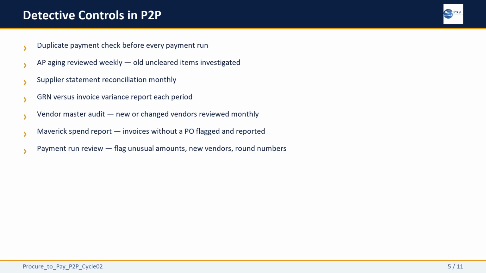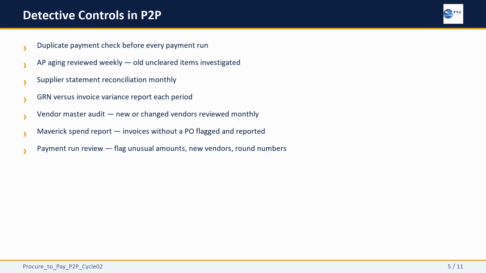7 detective controls complete the framework. The duplicate payment check before every payment run catches the same invoice being paid twice. Weekly AP aging review surfaces invoices stuck in the system. Monthly supplier statement reconciliation is the external cross-check, the supplier's records compared to yours. The GRN versus invoice variance report finds quantity mismatches that slipped through.